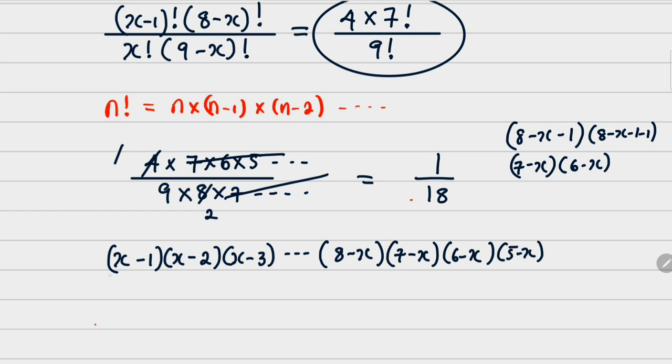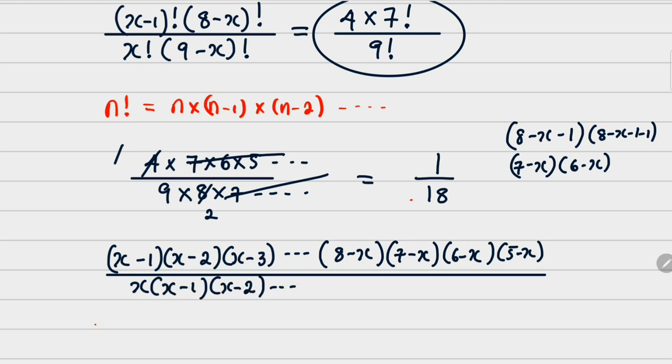Then what I have here will be all over x factorial, which will be x into x minus 1 into x minus 2, and it will move. Then 9 minus x factorial will be 9 minus x, then we have 8 minus x, we have 7 minus x, and it will now move like that.